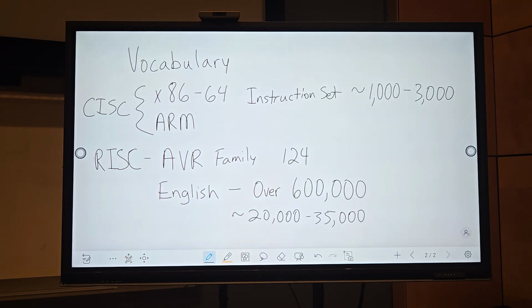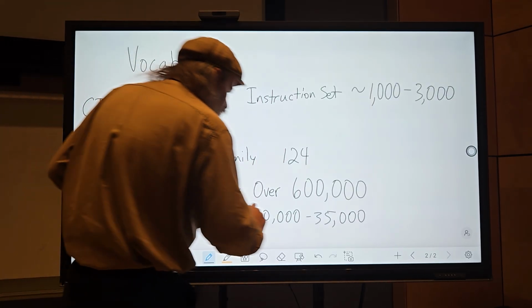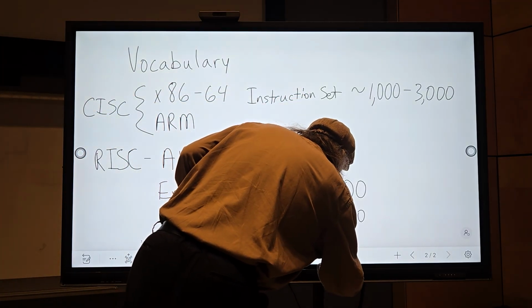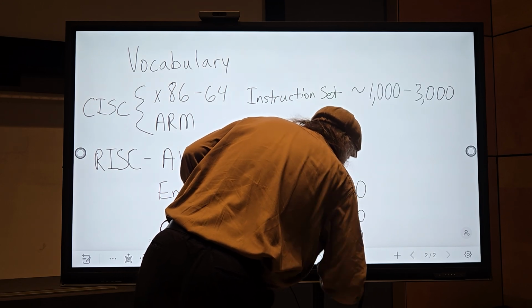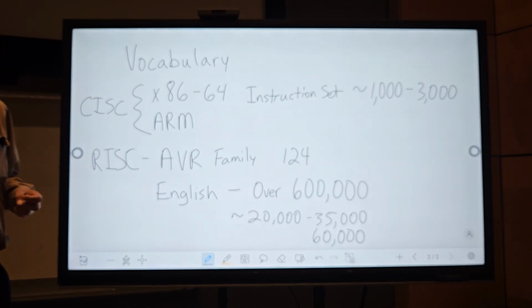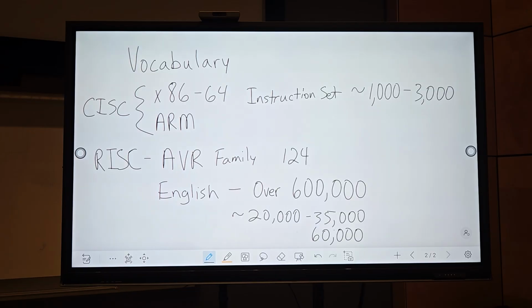Now, you might recognize more words, and your passive vocabulary, words that you recognize and know the meaning of, but you don't use in conversation or in your writing, can be upwards of 60,000 words. So when you get right down to it, we only use or recognize about 10% of the English language.